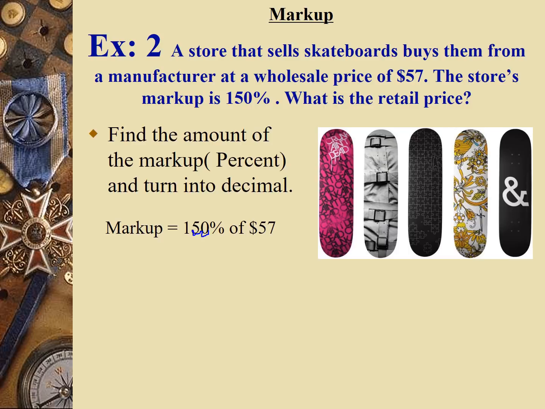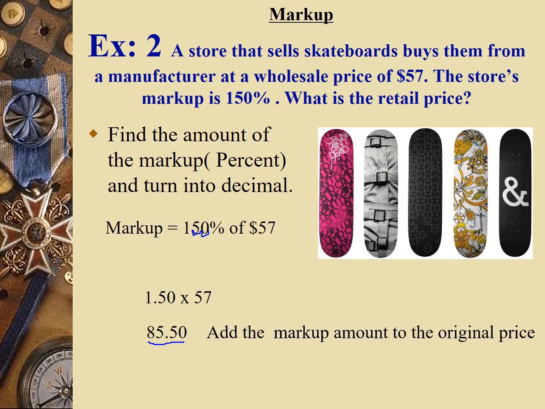All right. With that, that will be 1.50 times 57. Use our calculator, we multiply. That will give us $85.50. This is not the answer. This is simply the amount of the markup. I told you with markup, we add.